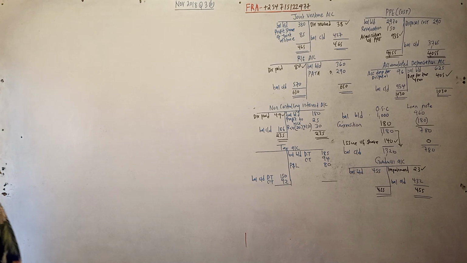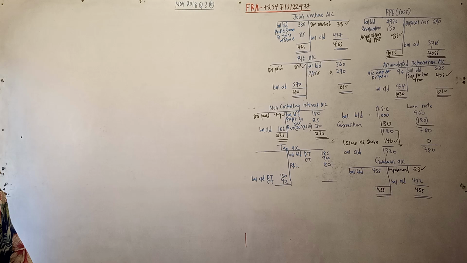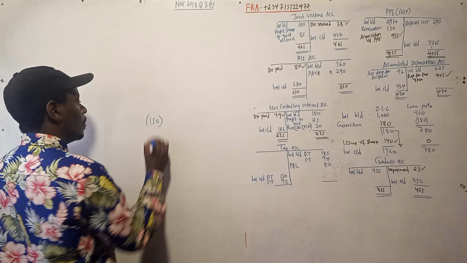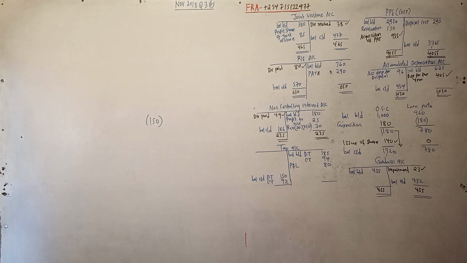Then remember, there was other comprehensive income. They said that the revaluation gain on PPE had a net deferred tax, so they had deducted a net deferred tax. That tax will also affect this tax expense here. When you check, the revaluation gain in other comprehensive income is 105. Remember, it's supposed to be 150, but they have deducted the tax.